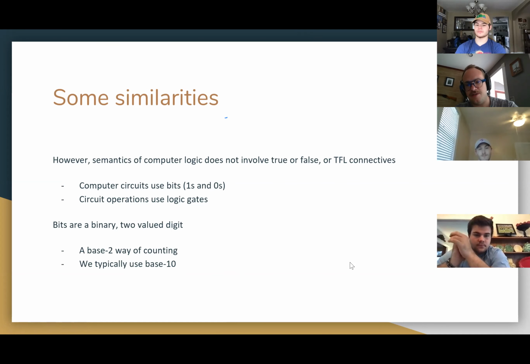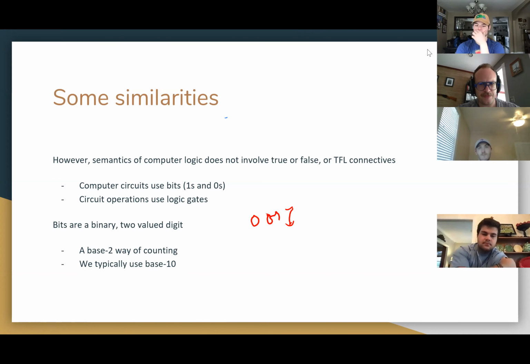A bit can either be 0 or 1. Typically, the number system we use when counting uses a base 10 way of counting. Binary is a base 2 way of counting.